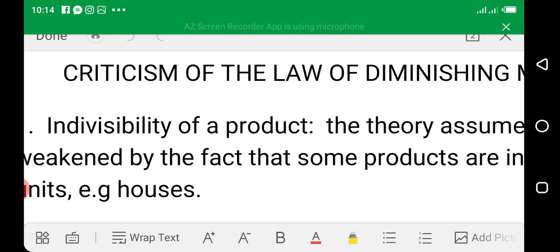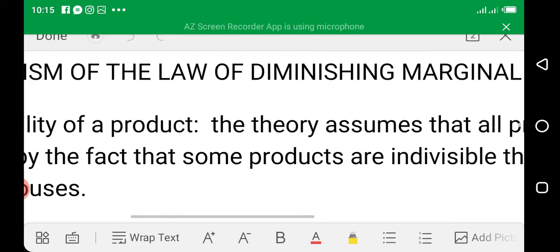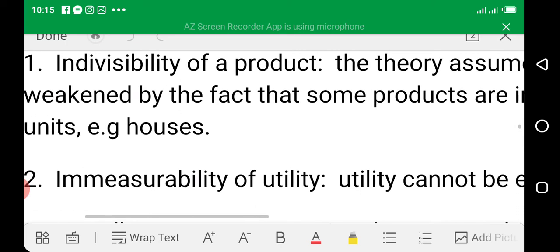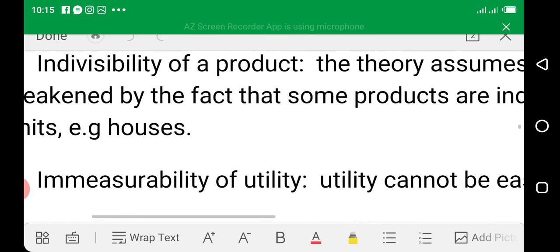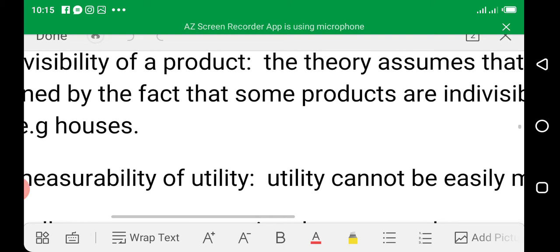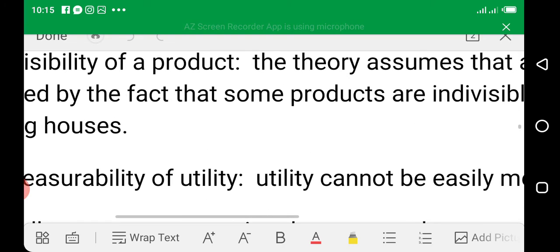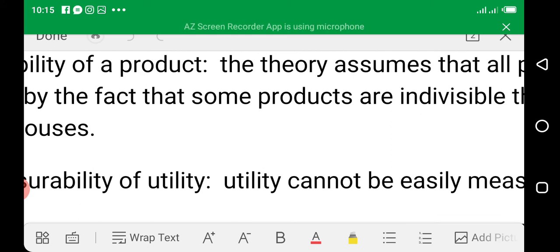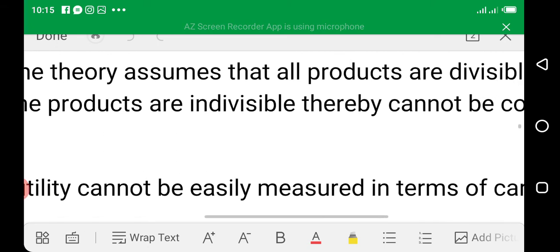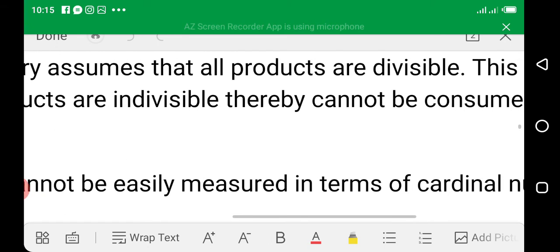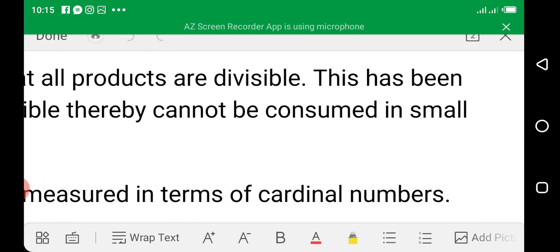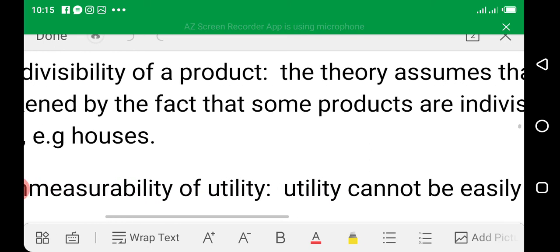Let's look at the criticism of the law of diminishing marginal utility. The first one is indivisibility of a product. The theory assumes that all products are divisible, but some products cannot be divided, thereby cannot be consumed in small units.